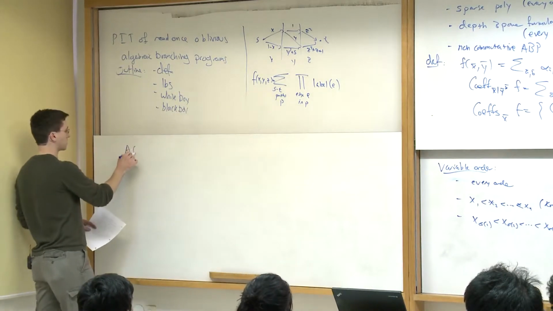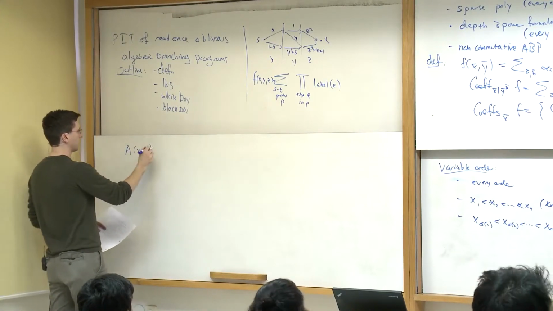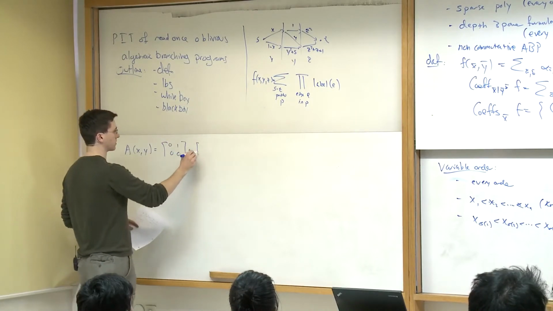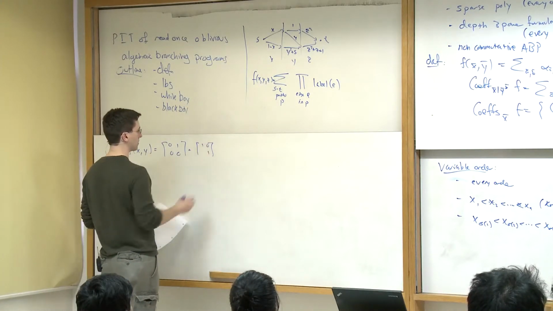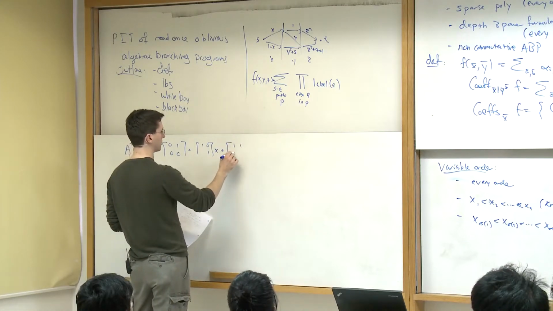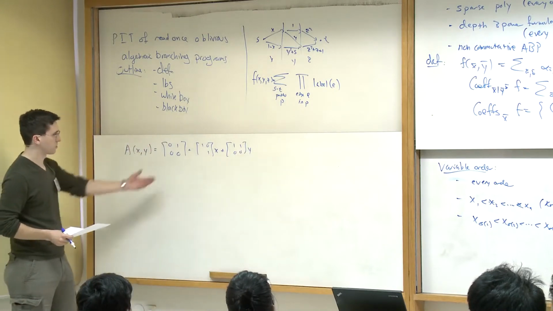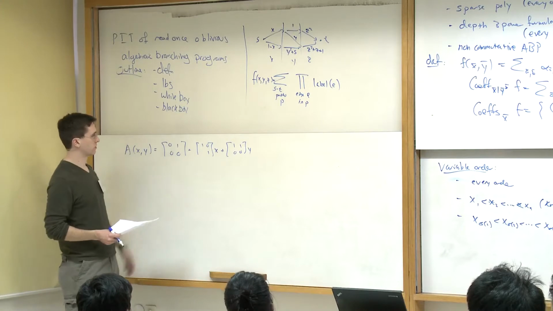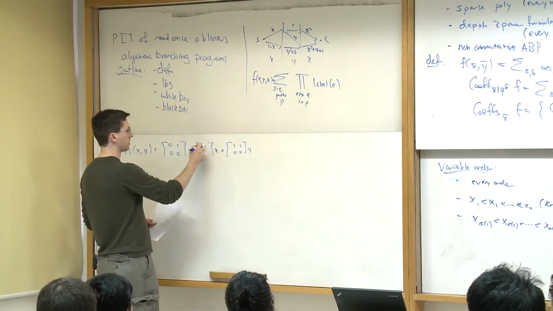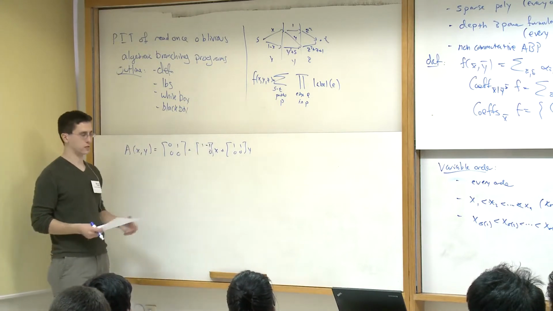Okay, so suppose that A of x, y is going to be equal to the matrix 0, 1, 0, 0, plus the matrix 1, 1, 0, minus 1, 0 times x, plus the matrix 1, 1, 0, 0 times y. Suppose you have a polynomial like this. There are three coefficients, and this is probably a terrible example. They're all 2 by 2 matrices.